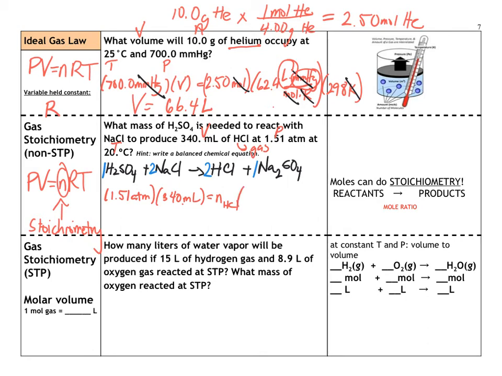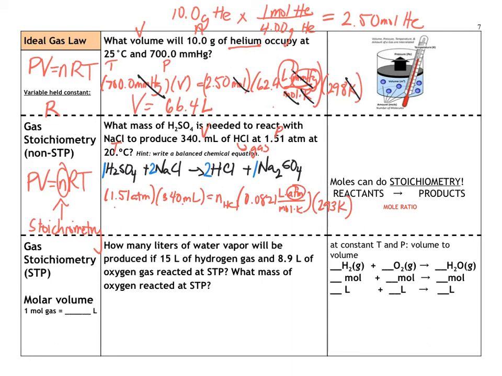R, because pressure is 1.51 atm, we're going to use 0.0821 liters times atm over moles times Kelvin. Once again, we chose our R based on the correct constant that has the correct unit. And T is 293 Kelvin when we add 20 degrees to 273.